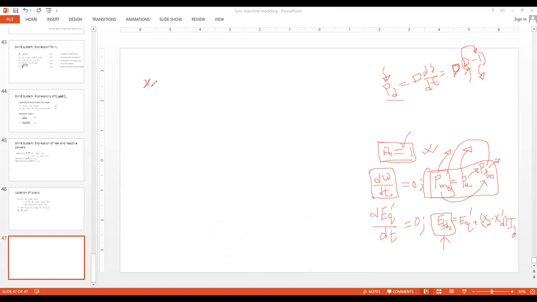So for any variable x, let me write x dot equals f of x. This is the generalized representation of the state space model, x dot equals f of x, where x is a vector.